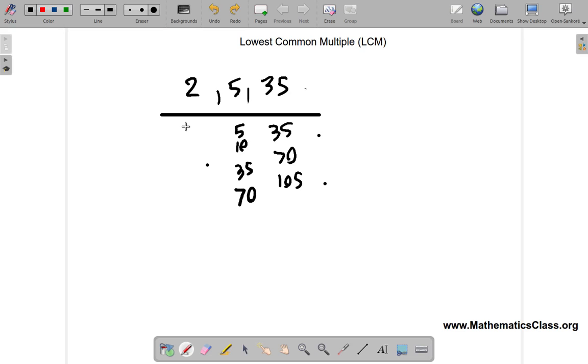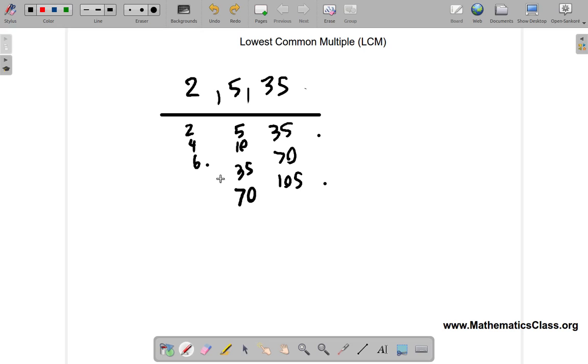Now, what are some multiples of 2? You have 2, 4, 6, and so on and so forth. It would make sense to write down 8 because it's not too common. There is 10 common between 2 and 5, but it's not common to 35. We notice that 35 is common between 5 and 35, but is it a multiple of 2?